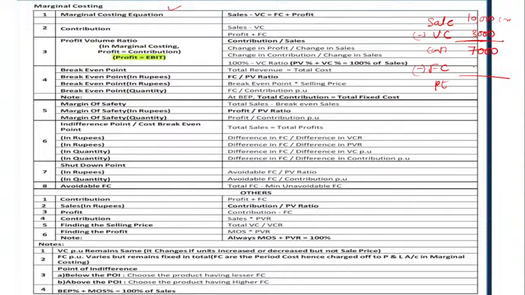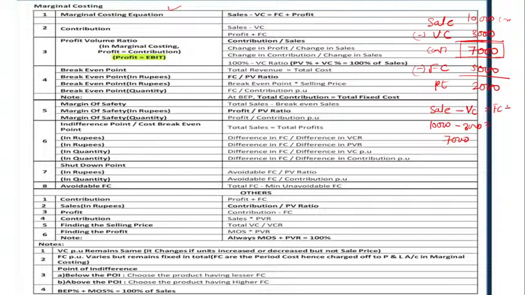Suppose the fixed cost is 5,000. So the profit is 2,000. Now, when from the sales the company deducts its variable cost, that means from the 10,000 the company deducts 3,000, how much will you get? 7,000. Okay. Again, the other thing, that is the fixed cost.